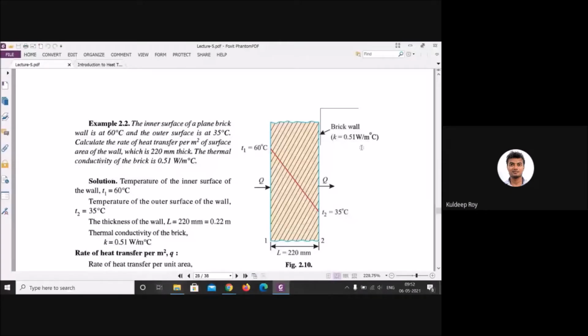Then tell how much will be the value of the heat transfer. Please solve the problem and tell me the value of the heat transfer.